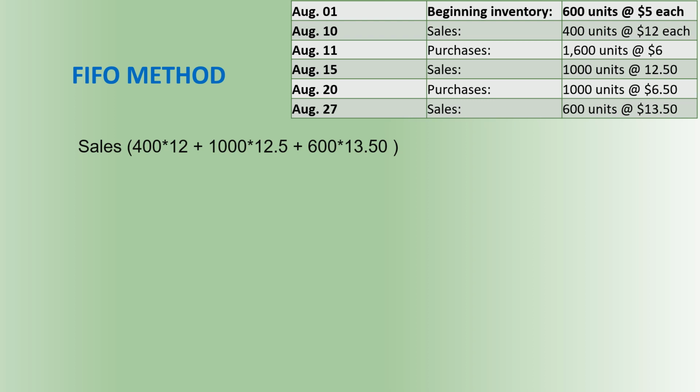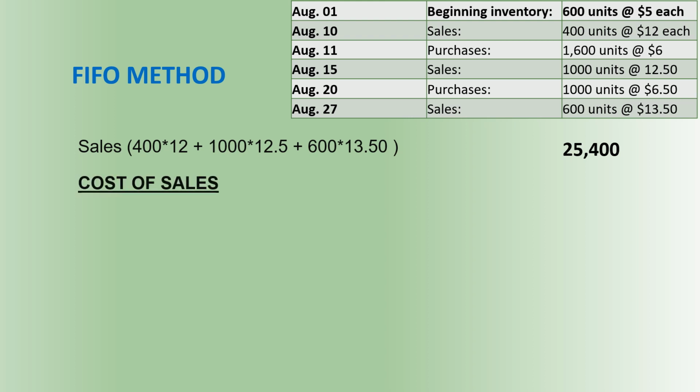So we have to multiply 400 with $12, 1000 with $12.50, at the same time, 600 units with $13.50. So the ultimate value is 25,400.